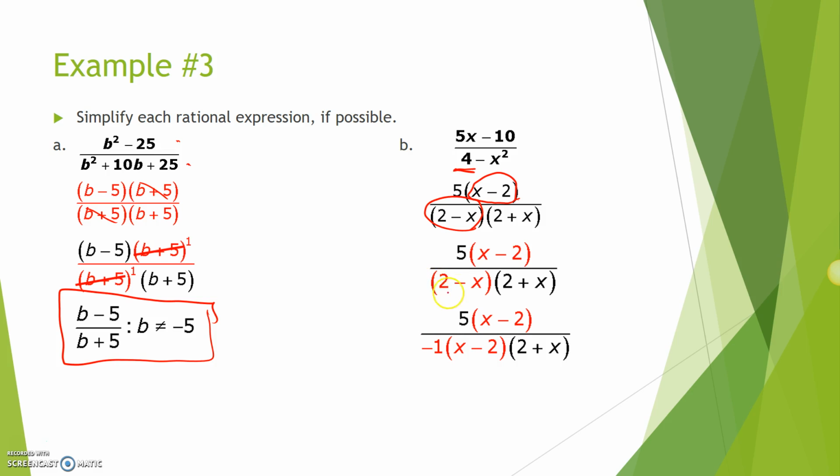I'm going to rewrite the bottom one, so I'll pull out a negative 1. When I rewrite that, we have 5 times x minus 2 as the numerator, and we pull out this negative 1, so we get negative 1 times x minus 2 for the denominator, and 2 plus x. These x minus 2 will cancel. So we divided out the factors, and now we're just going to simplify this down.